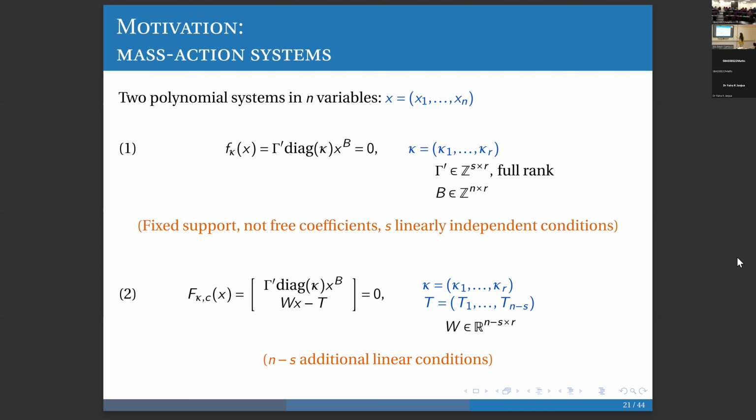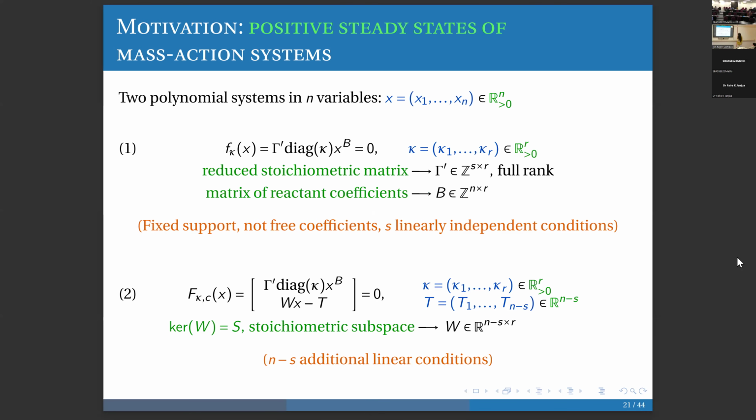But even if they are not free, every parameter appears only together with the same monomial. So they can appear in different equations, but they will only be with the same monomial all the time. So there is some dependency there, but not random dependency. Yeah, this is what I was just saying.